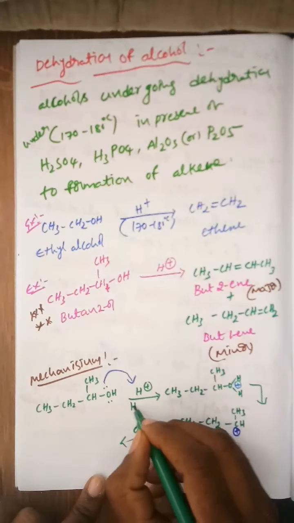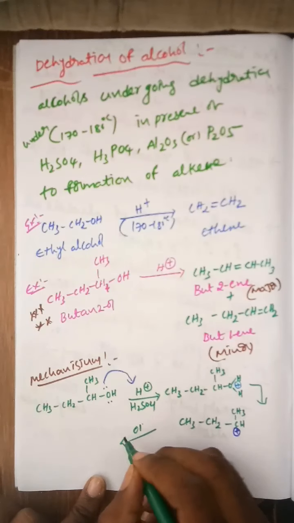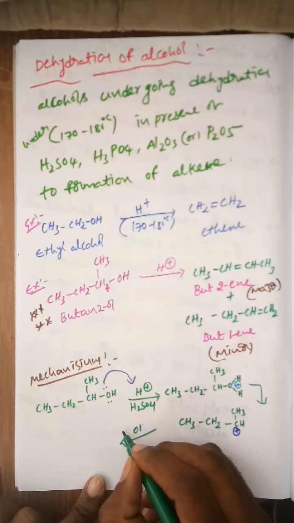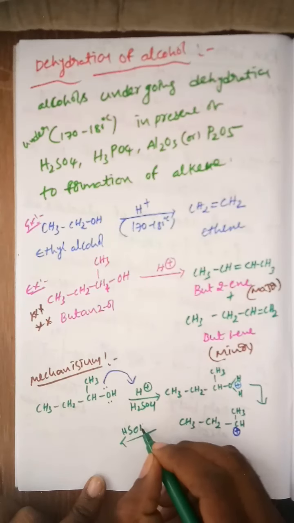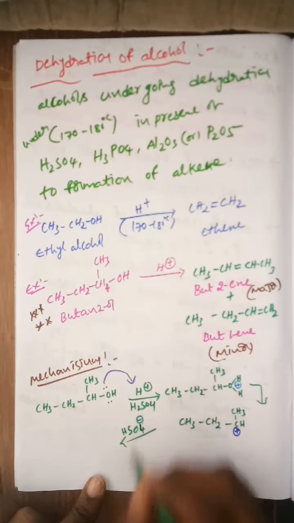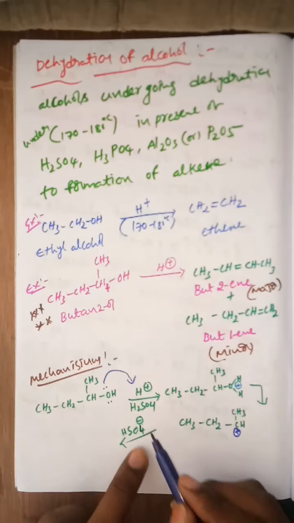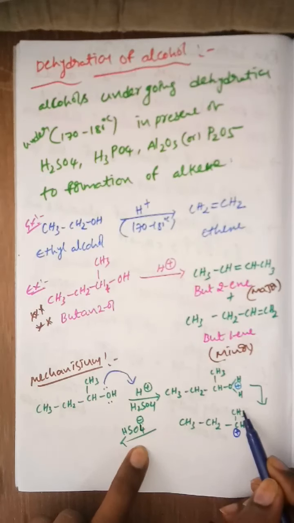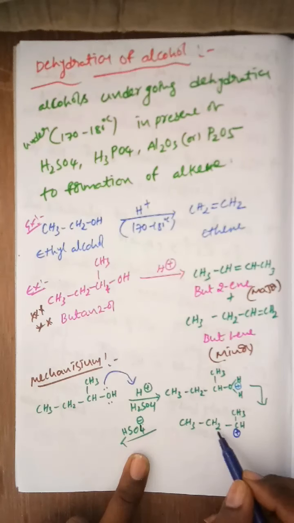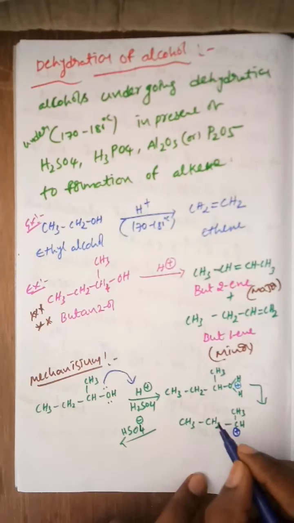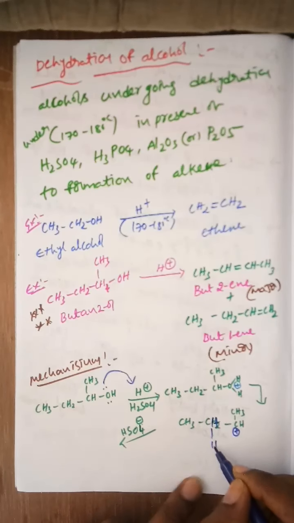Finally, with H2SO4, HSO4 minus will take an H from here or here, wherever the more substituted double bond will form.